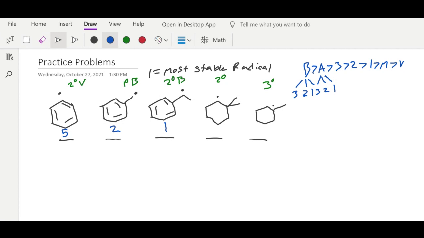Now between my 3 and 4, I have a tertiary versus a secondary, so it should not be tricky on that. So it should be pretty straightforward. I know that's rather easy for me, but I hope at this point it's also easy for you guys. Yeah. So that's number 1.